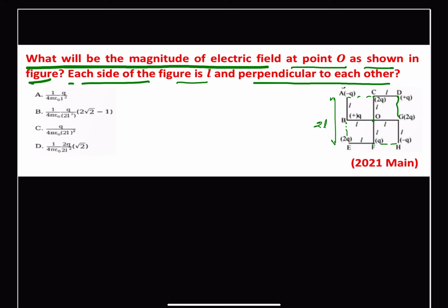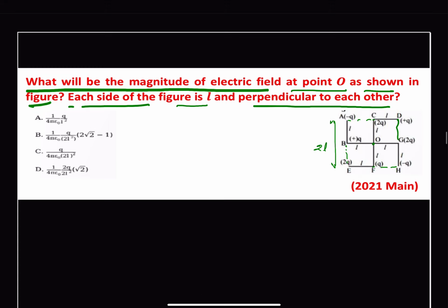Okay. And here we have to remember that suppose we have a plus Q charge, then the electric field at a distance of r will be given as E equal to KQ upon r square, and the direction of the electric field will be away from the charge.